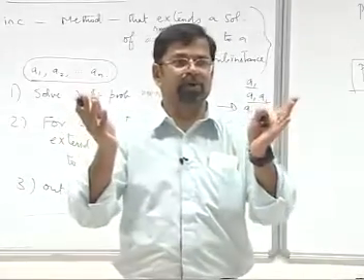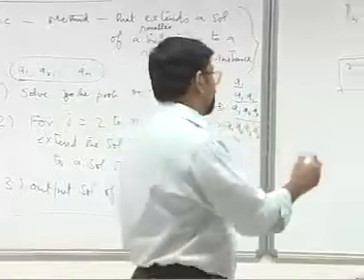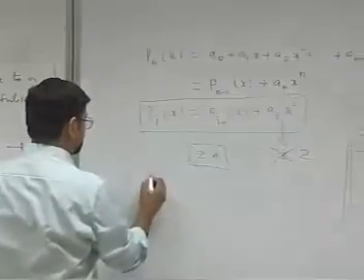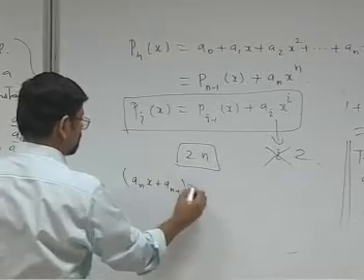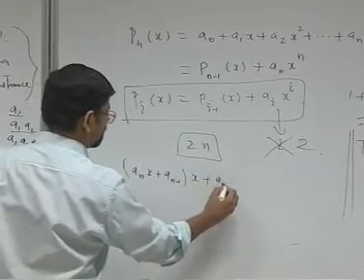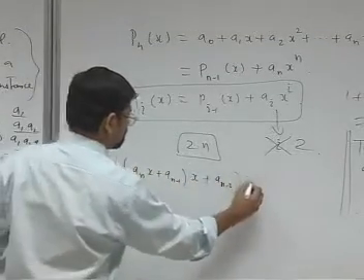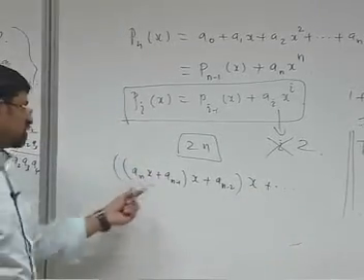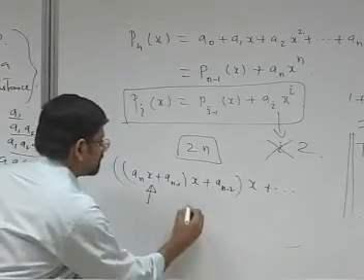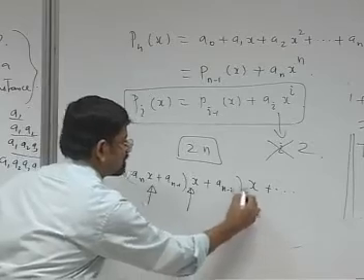Probably some of you have heard about it, and the way to evaluate is: an x plus an minus 1, into x plus an minus 2, into x and so on. So start with this. This is one multiplication, and this is another multiplication, and this is another.